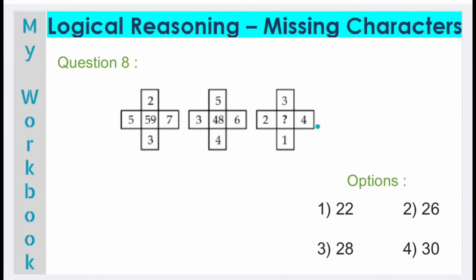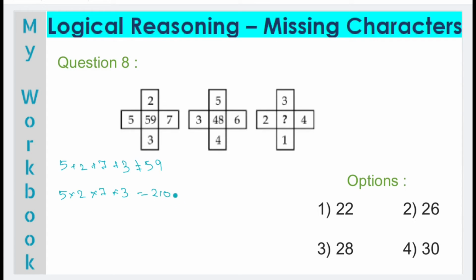Question 8. Here there are cross-shaped grids. Again, the number in the middle is much bigger than the number on the edges. So first, let's try simple addition. 5 plus 2 plus 7 plus 3 does not give us 59, right? Then what about multiplication? 5 into 2 into 7 into 3 will be somewhere around 10, 70, 210.